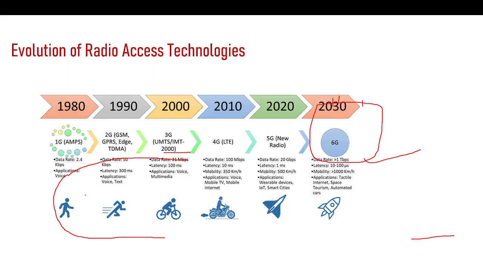And now the applications are complicated. We have IoT, smart cities, automated cars. There are many requirements coming in. That's why IP has been adopted by many service providers, so that we can meet the majority of these requirements.